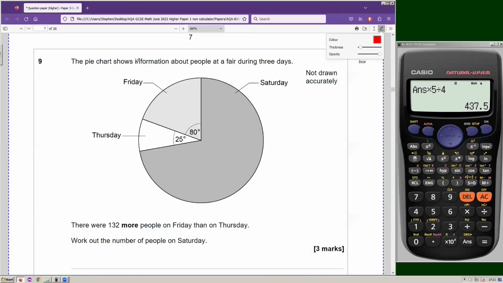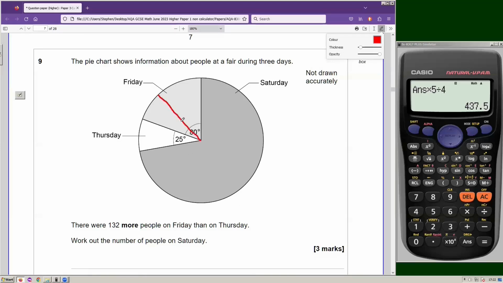The pie chart shows information about people at a fair during 3 days. There's Friday, Thursday, Saturday's got the most. There were 132 more people on Friday than on Thursday.